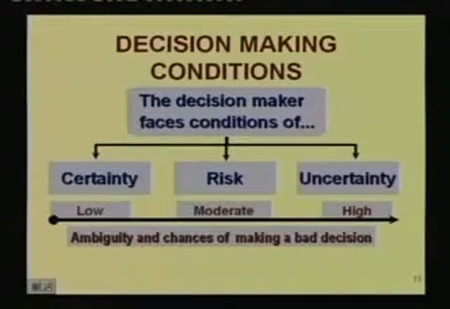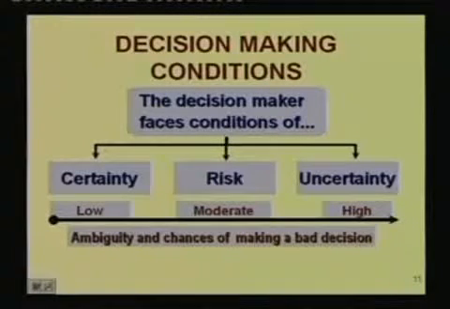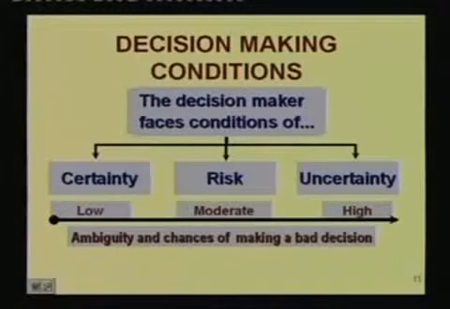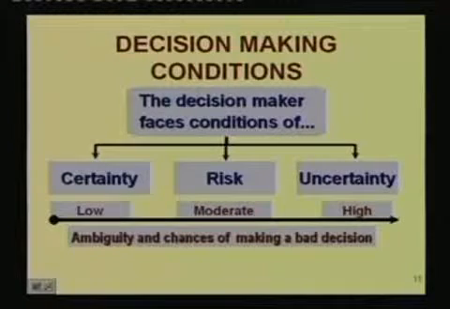Ambiguity and chances of making a bad decision increase from certainty to uncertainty. So decision making under certainty is more of a structured decision making, and decision making under uncertainty is more of an unstructured or unprogrammed decision making, right?